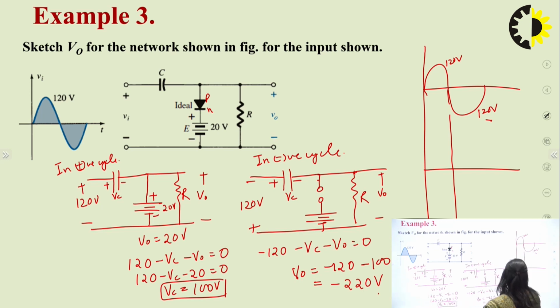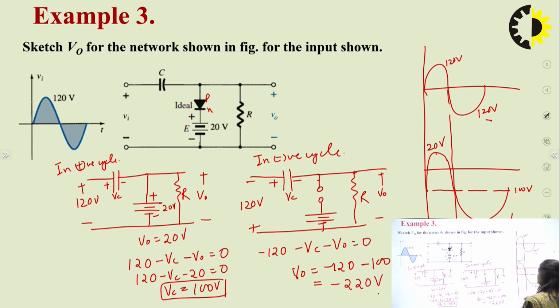It will be on the negative side, 100 volt, because the capacitor is coming from plus to minus, and in the positive half cycle the output is 20 volt. So 20 volt is here, and here it is minus 220 volt. The total swing in between is 240.